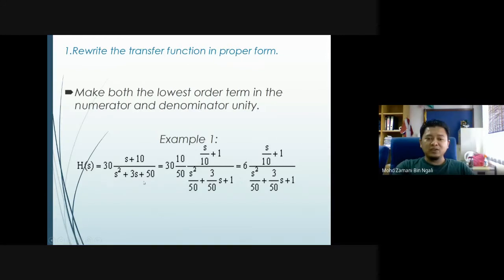We divide all by 50, and then multiply by 50 again, to make sure that the equation is still balanced. So it becomes 50 times (s squared over 50 plus 3 over 50 s plus 1). So 30 times 10 over 50 is 6, and this will be our proper form. So this is one example.